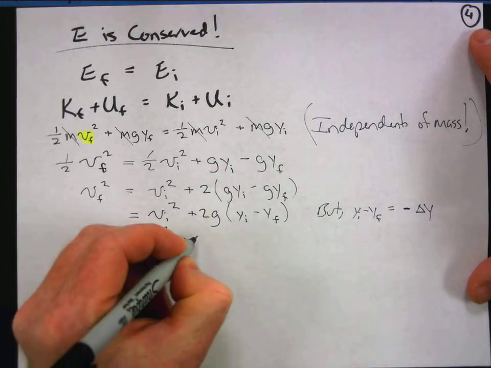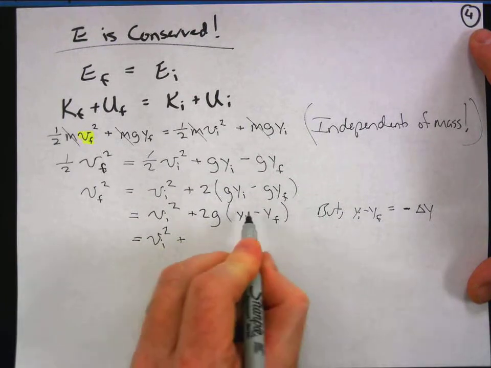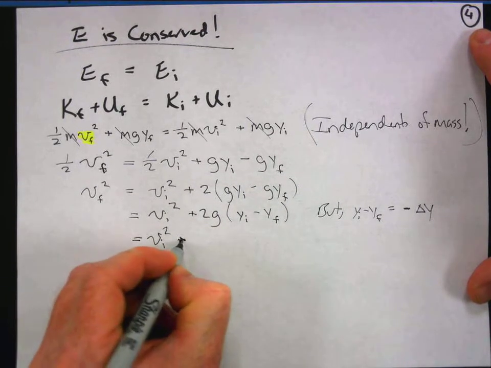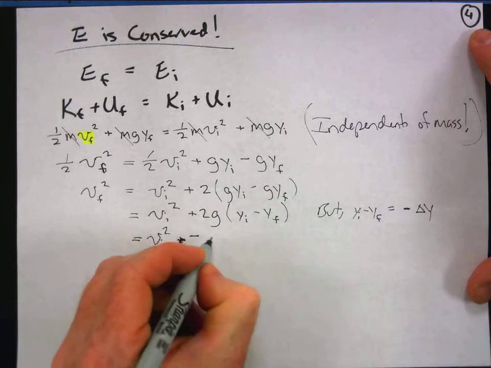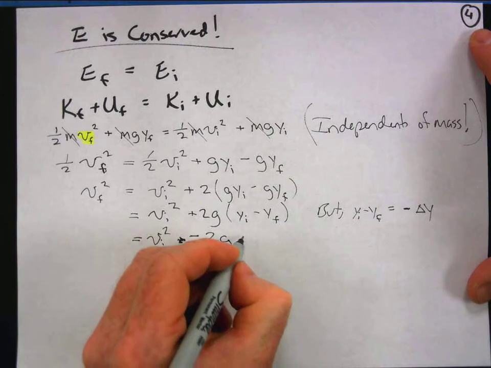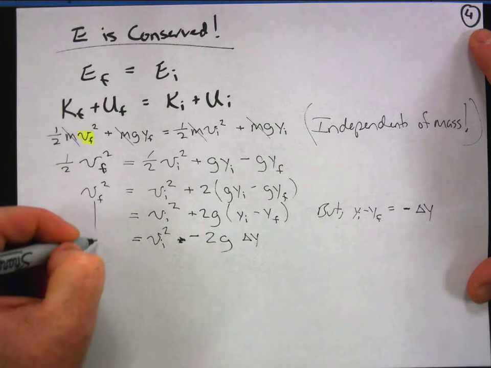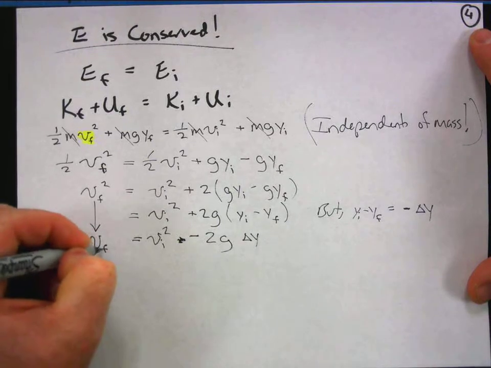So I'm going to have a minus sign in here, and I can just factor that minus sign, 2g, and then I will have final minus initial, which is delta y. And just bring this down. Wow, holy cow.